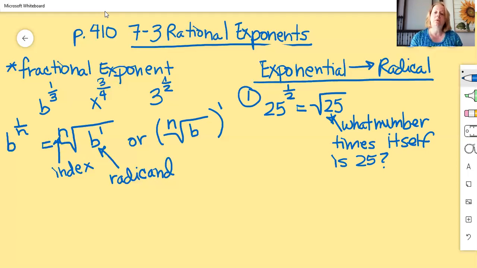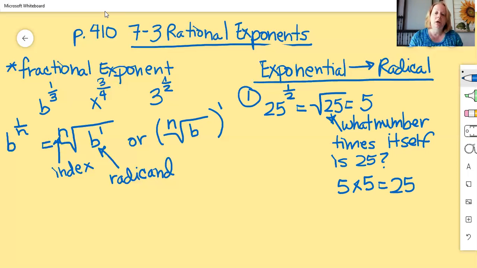So the answer to that question is going to be 5. Because 5 times 5 gives us 25. And there are 2 5s.